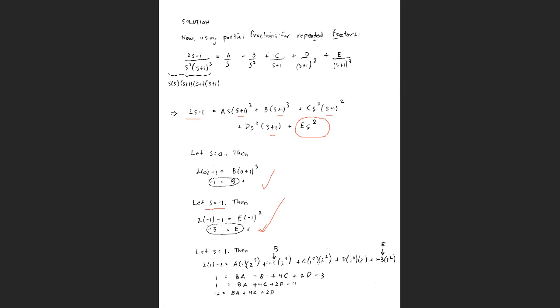Now what I have to do is pick some other values of s, and I'll come up with a system of equations. Obviously I'm going to pick nice values of s. What's an easy value of s? A small easy value: let s equal 1.